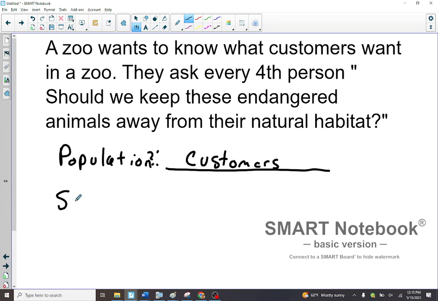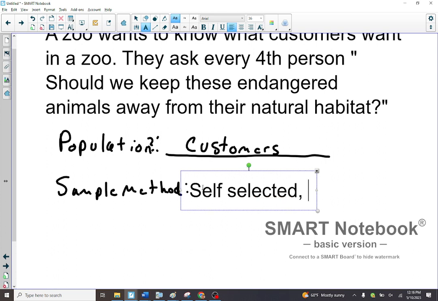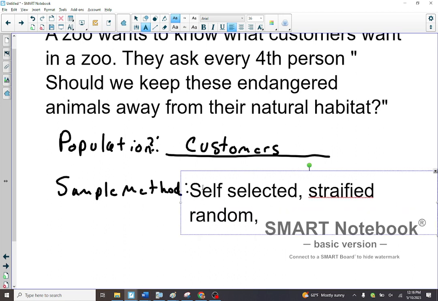Now, my sampling method, for your test, I'm going to leave 3 options, okay? There's going to be self-selected, there's stratified random, and there's systematic.